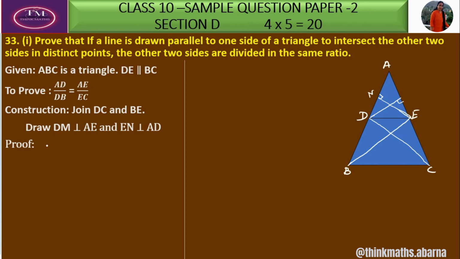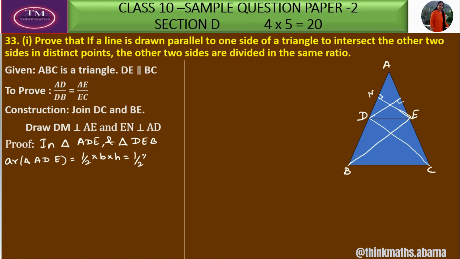So first part, in triangle ADE and triangle DEB, we are going to find out the area of triangle ADE. What is the area formula? Half into base into height.